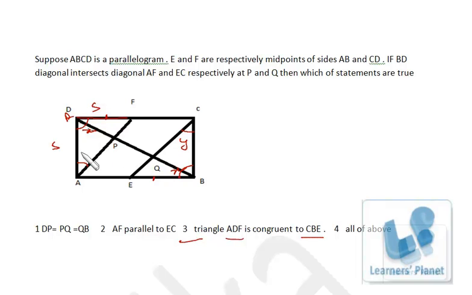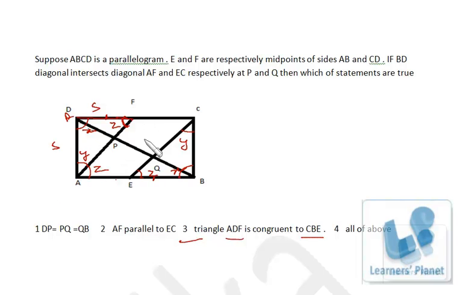I assume both of them to be Y. Apart from that, the third angle, suppose this is Z, then this will also be Z. Since this is a parallelogram, this line must be parallel to this line, and AF is working as a transversal. So you can see this shape of Z over here. This angle and this angle will be the same as a pair of alternate angles. So if this is Z, this has to be Z.